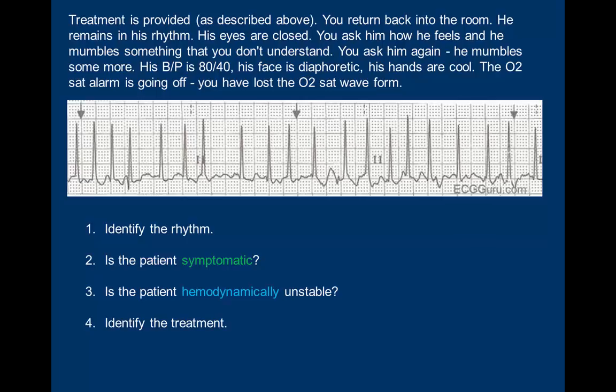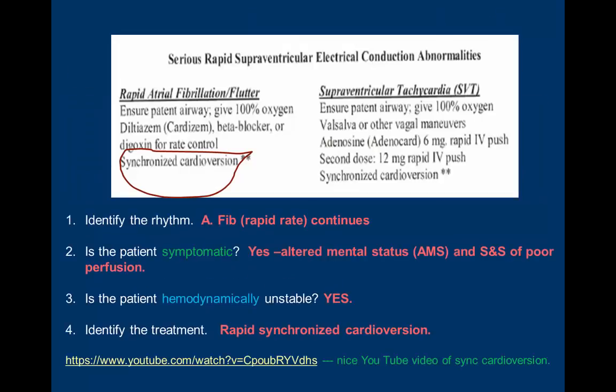His hands are cool, and the O2 sat alarm is going off because you've lost the waveform. So when we look at this rhythm, it's not hard to identify, we see that the atrial fib has returned and there is a rapid ventricular rate, and this can be the problem when you just administer medications that don't necessarily keep the rate slow for very long.